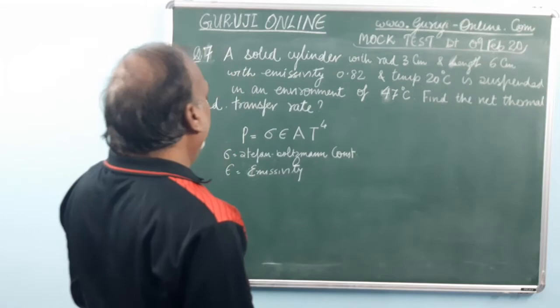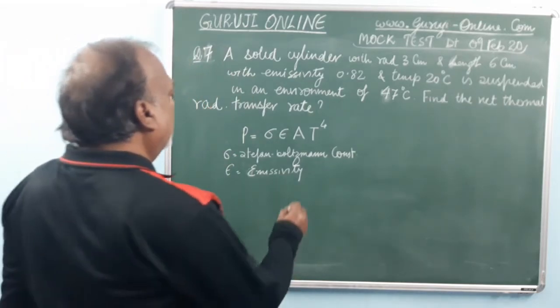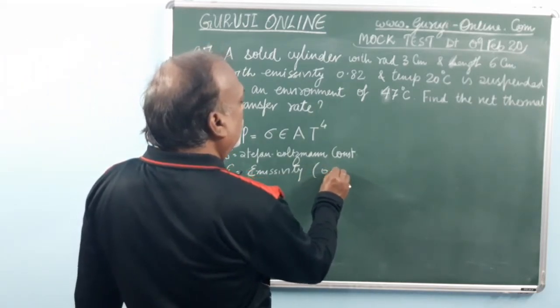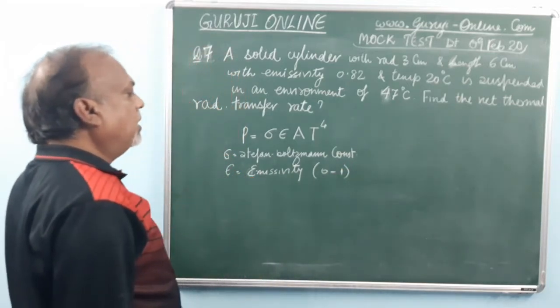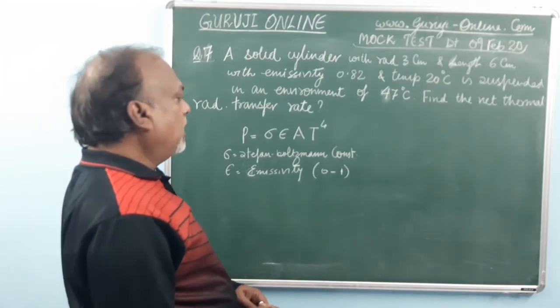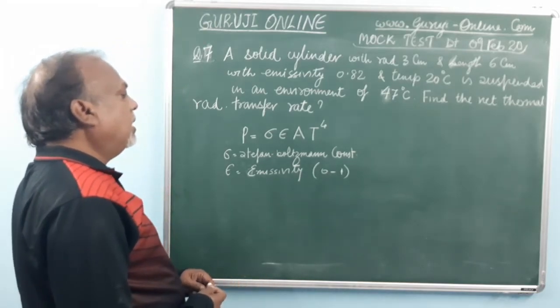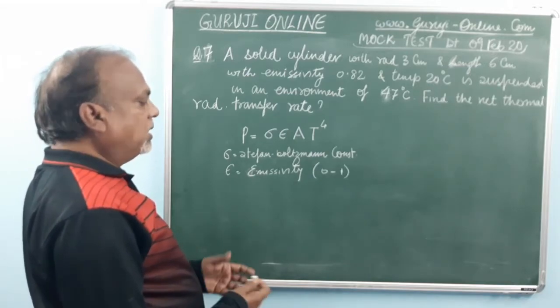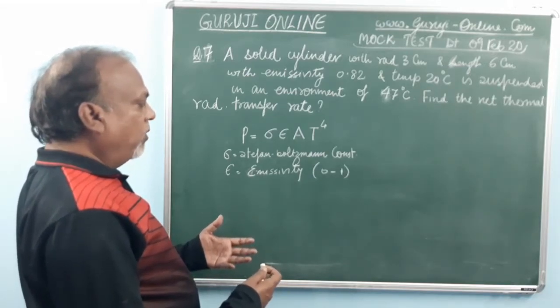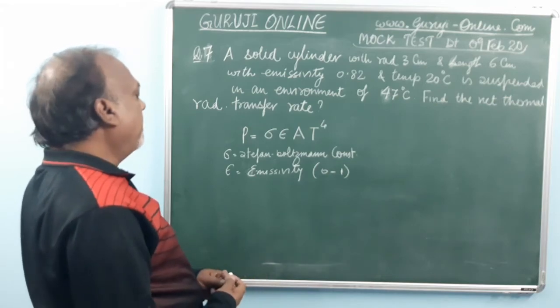It is a coefficient which varies from 0 to 1 because no body is perfect which will radiate the same amount of energy whatever is falling on it.